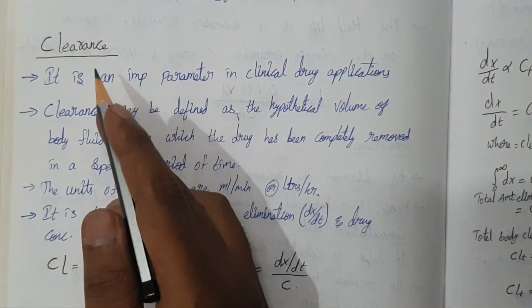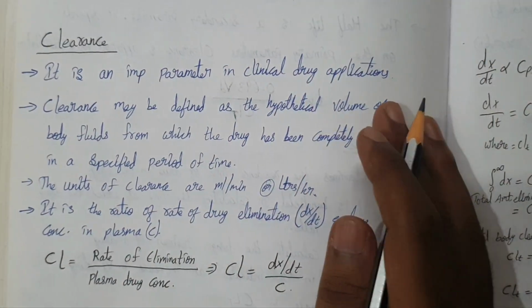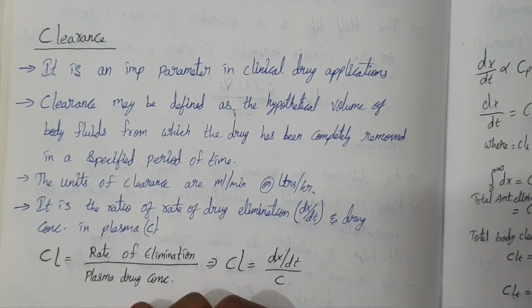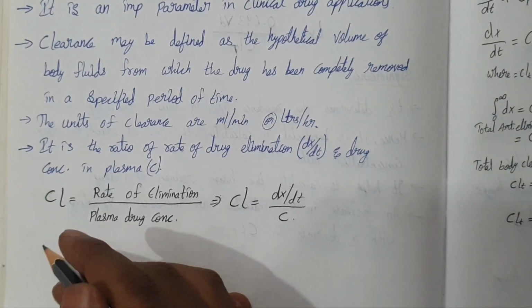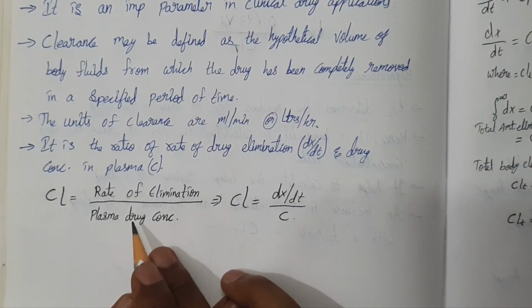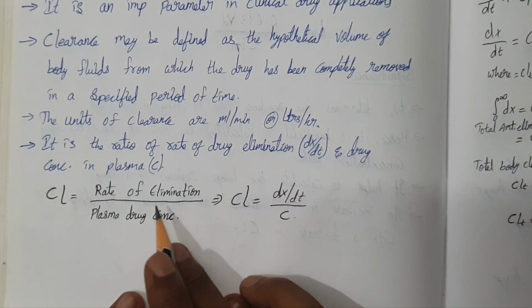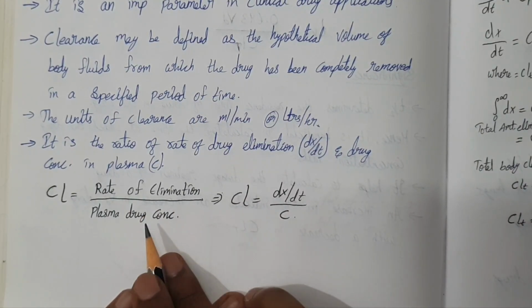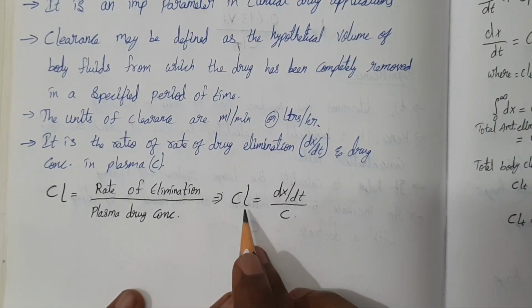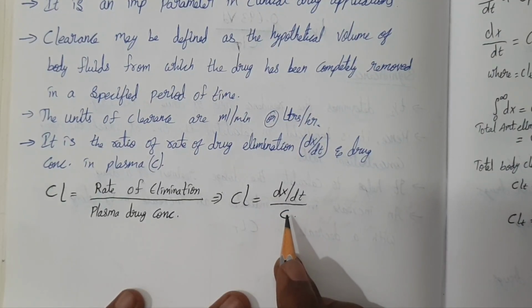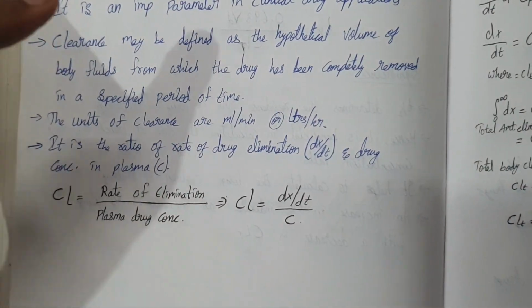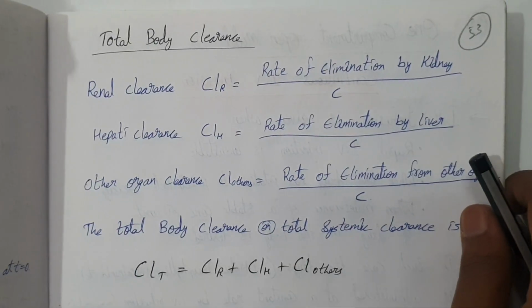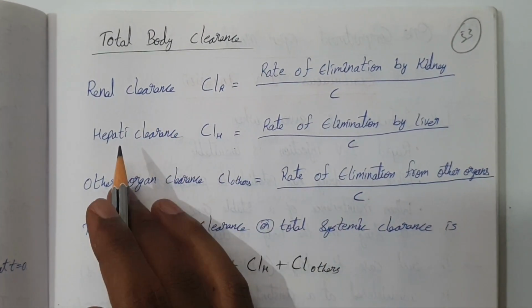Coming on to the clearance part. Clearance is the volume of plasma from which the drug is completely removed per unit time. So Cl equals rate of elimination divided by plasma drug concentration. Rate of elimination is dx by dt, and plasma drug concentration is C. So Cl equals dx by dt divided by C. If we are calculating total body clearance, then we have to calculate like this.